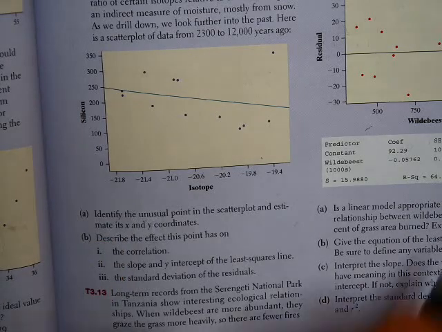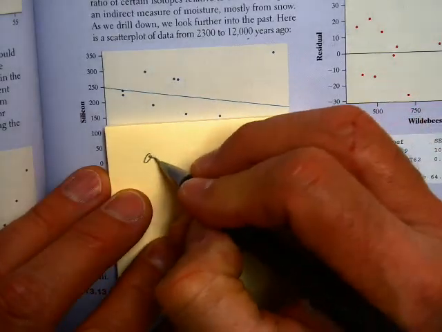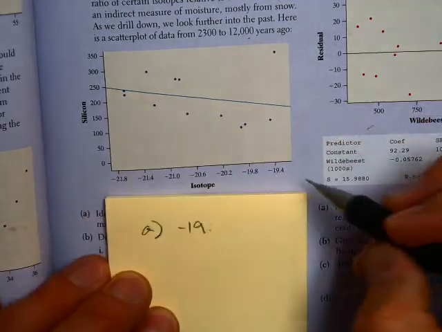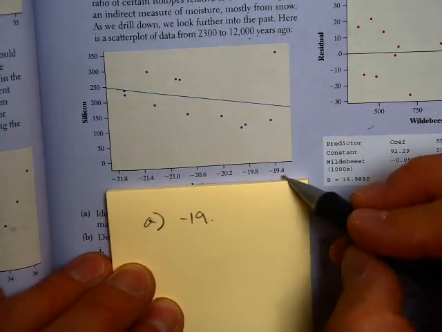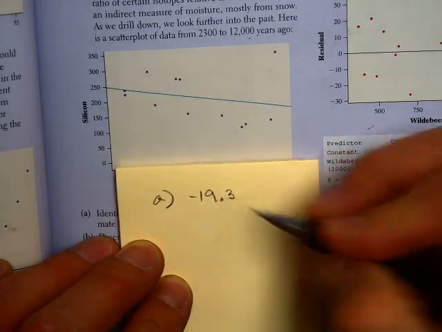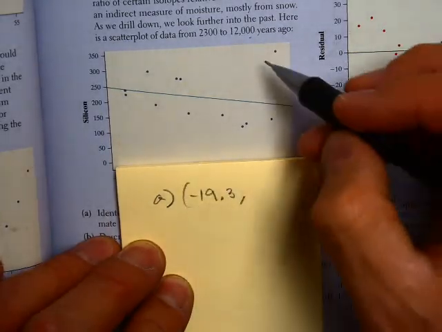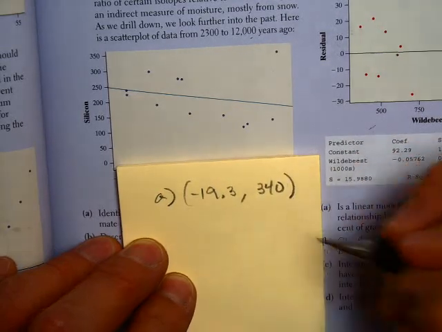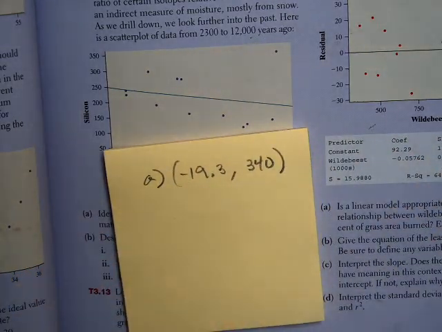So if I were estimating that for A, I'd say negative 19, actually, what am I doing? I'm going the wrong way. About negative 19.3, perhaps, and about 340 for the y. Okay.